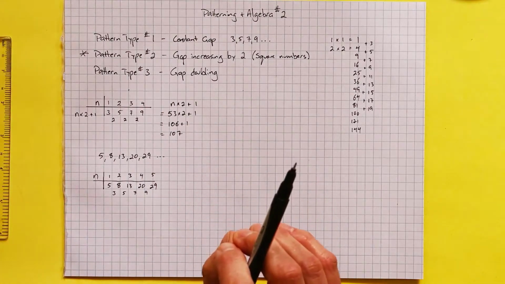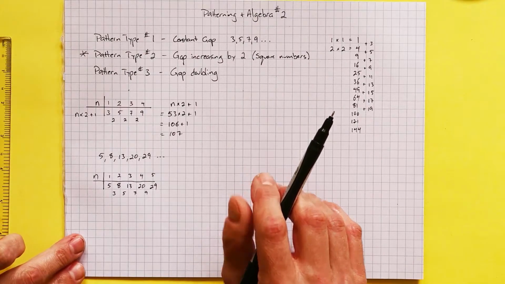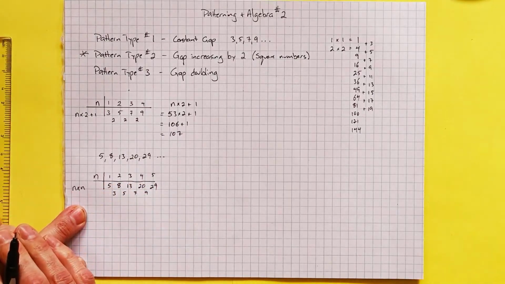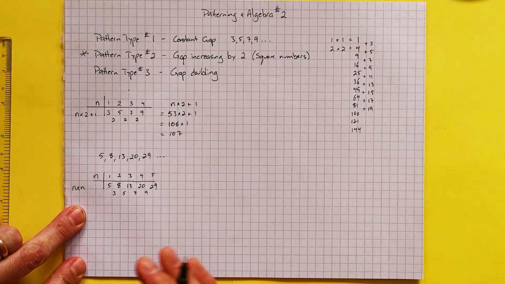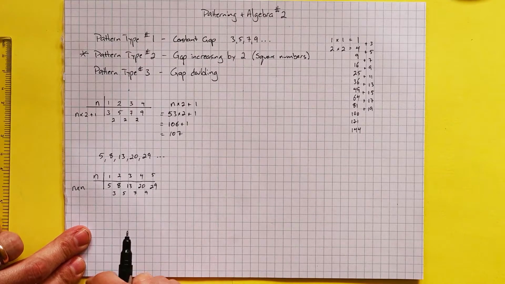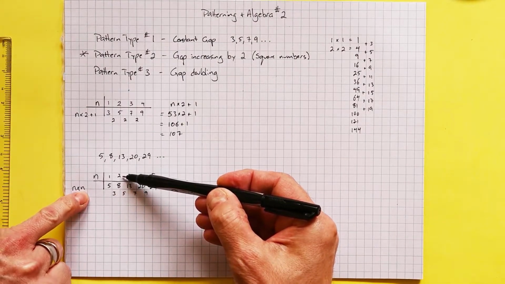Whenever you see a gap increasing by 2, this means that n times n is in our expression somewhere. Then we need to tweak it with adding or subtracting to make it exact. So let's test it out. Let's take when n is 2. Then 2 times 2 is 4.